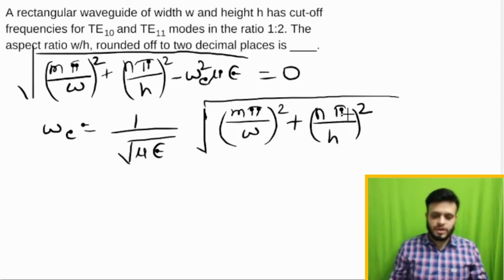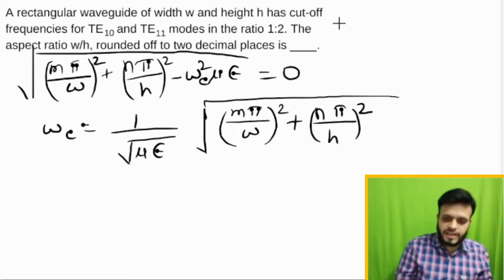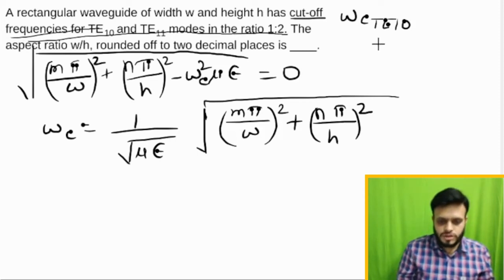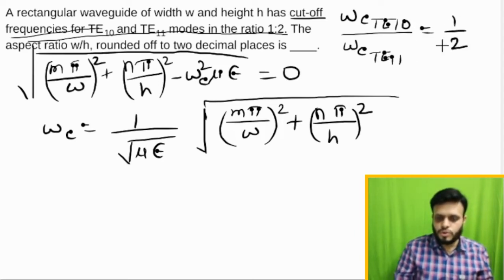Now the examiner says the ratio of cutoff frequency omega c of TE10 mode to that of TE11 mode is in the ratio of 1:2. So omega c of TE10 with omega c of TE11 is equal to 1 by 2.